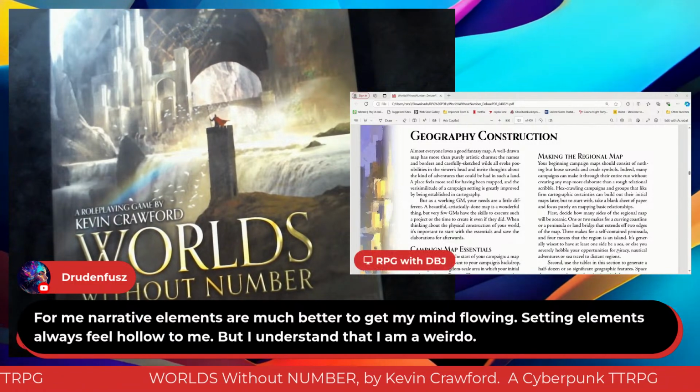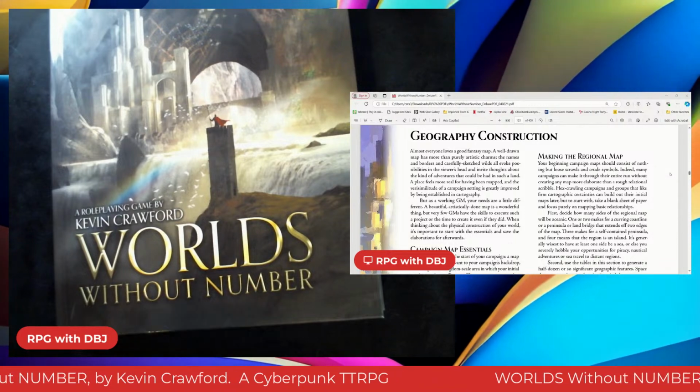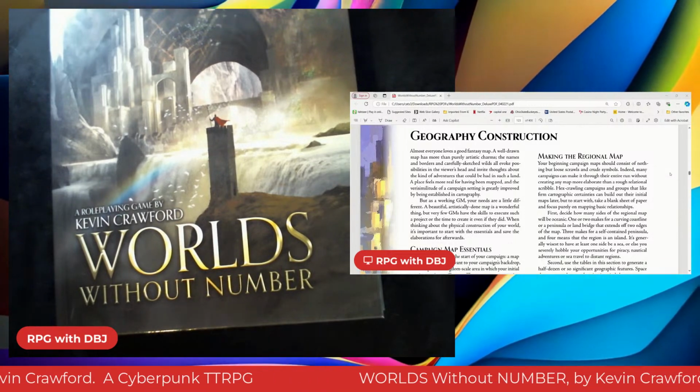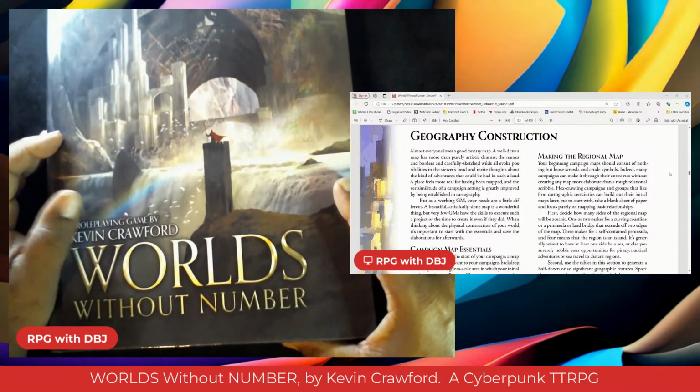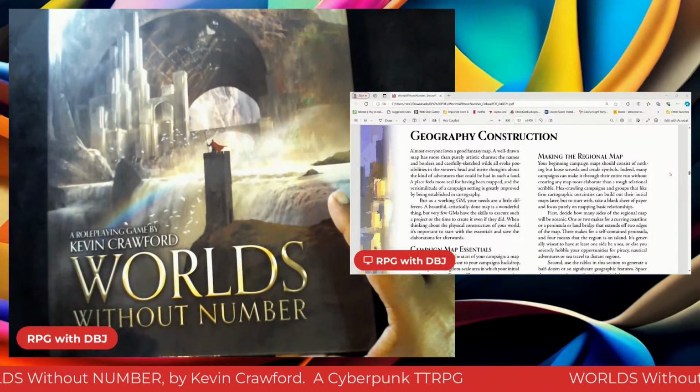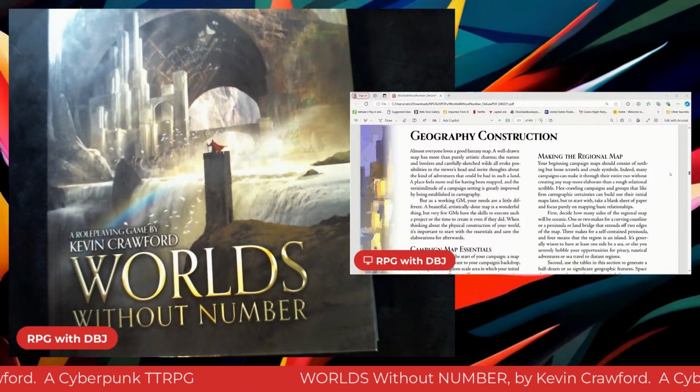Having narrative elements, I think, whether those narrative elements bring out an emotion or feeling or, what am I thinking of? My brain just stopped.